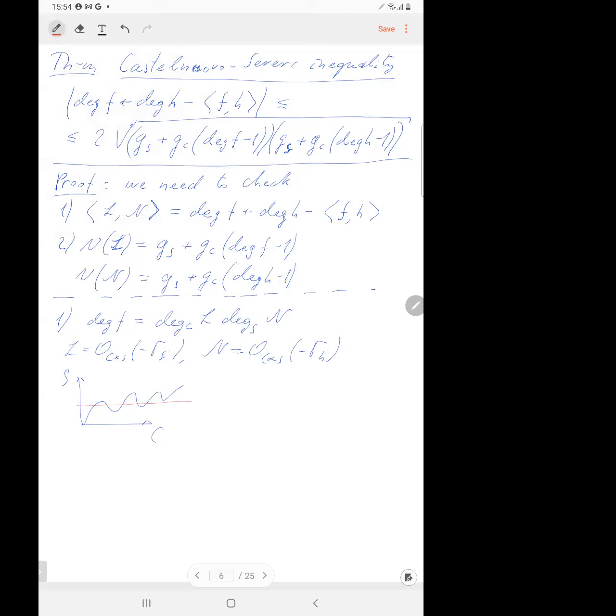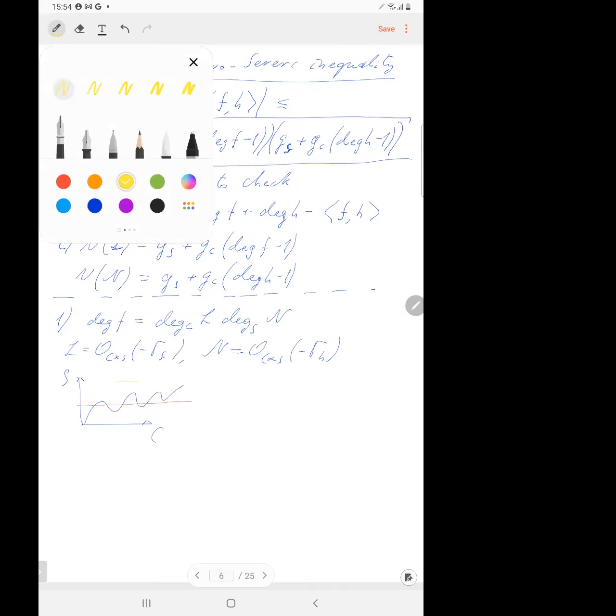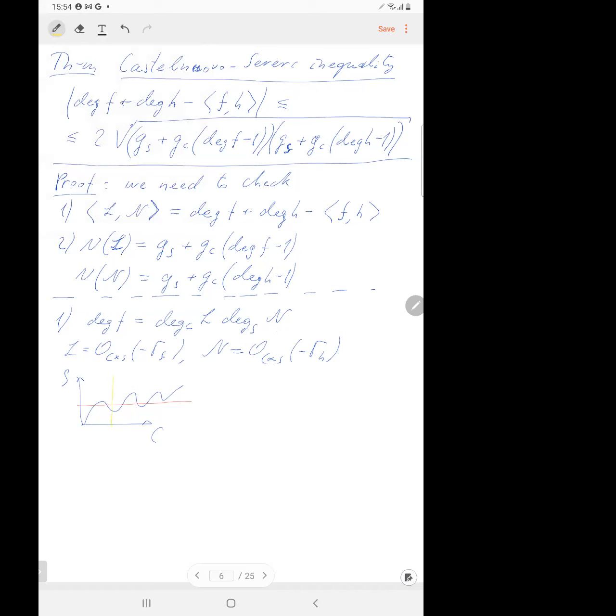And when we take the degree along S, we need to take any vertical fiber like this, and restrict there. So what do we get? When we restrict to the vertical fiber, we get degree -1, right? Because the graph intersects this vertical fiber at just one point, right?